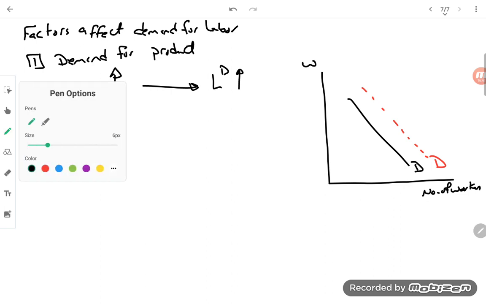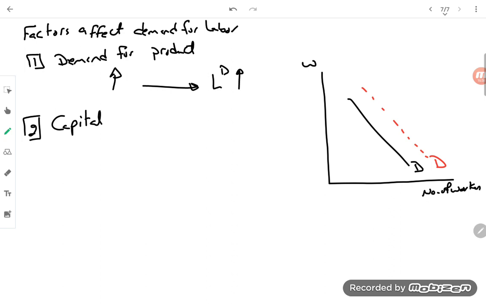Number two, supply of capital or price of capital. Let's assume that the rental payment for capital, or price of capital, decreased 50%. Capital and labor can be substitutes for each other, or they can be complements for each other. So here we have to differentiate between two different cases.